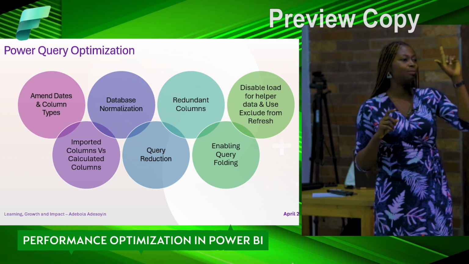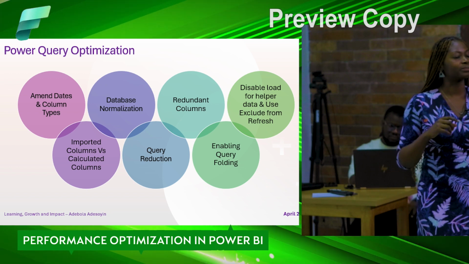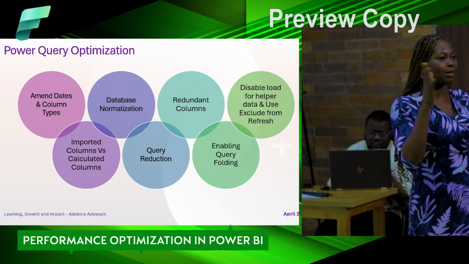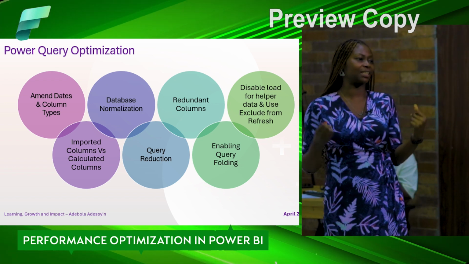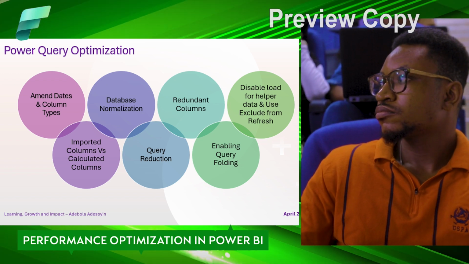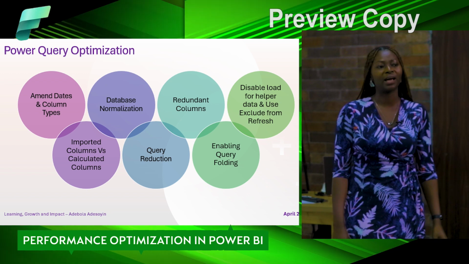If you have date and time together in a column, like a receipt date or start date, with date and time all joined together, it tends to increase your data size. Because of that, it might take time. So that's the first thing, which is the dates and column types that we have in Power Query.